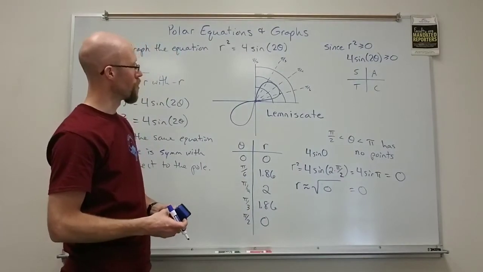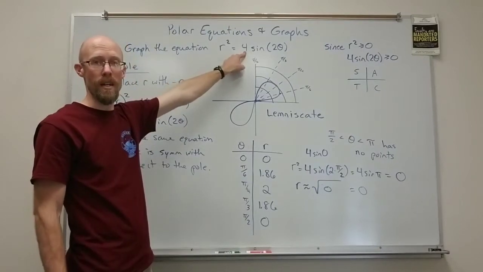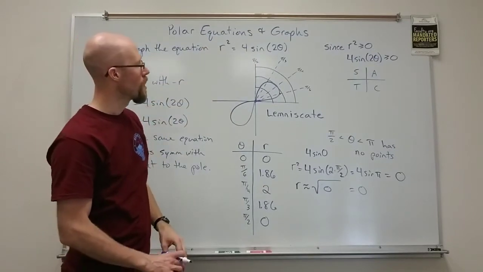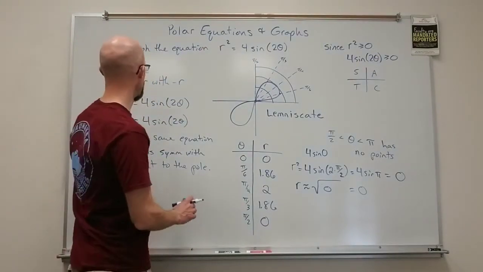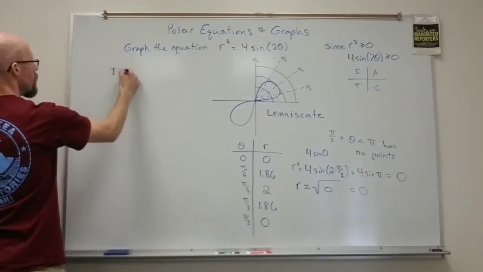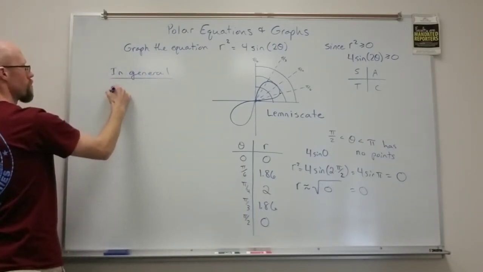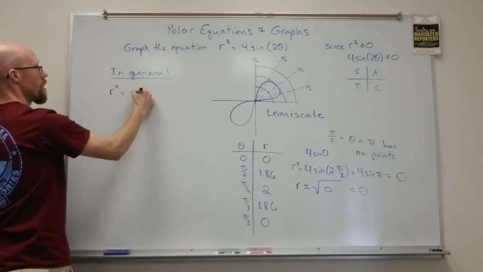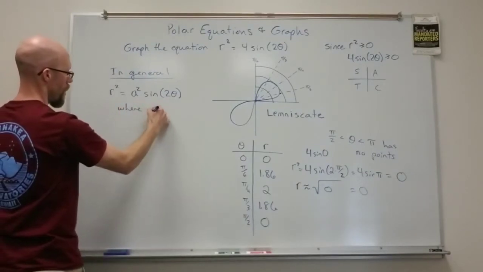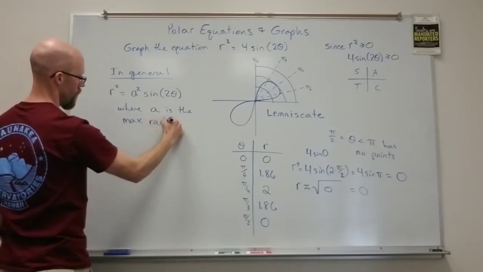As a general rule, what you might notice is that the value here in front of the sine ends up giving you the square of the maximum radius. And so as a general formula, a lemniscate takes on the form r squared equals a squared sine of 2 theta, where a is the maximum radius.